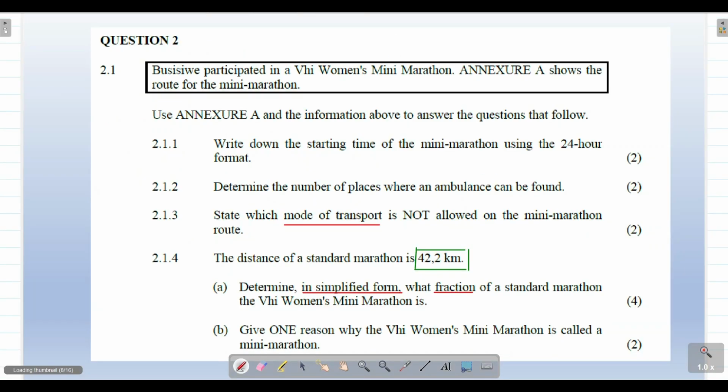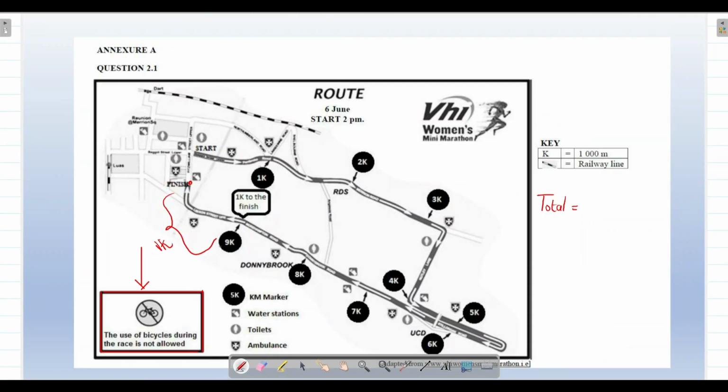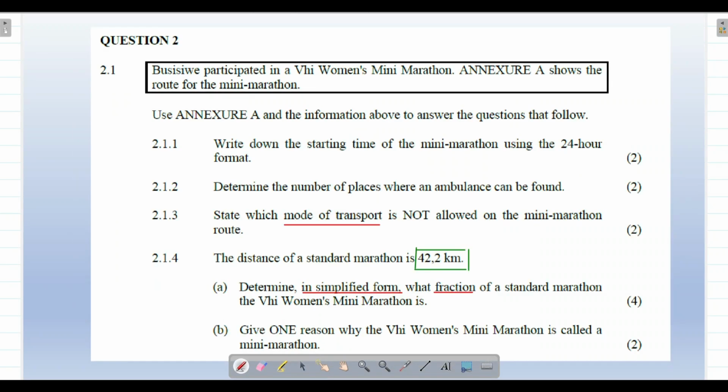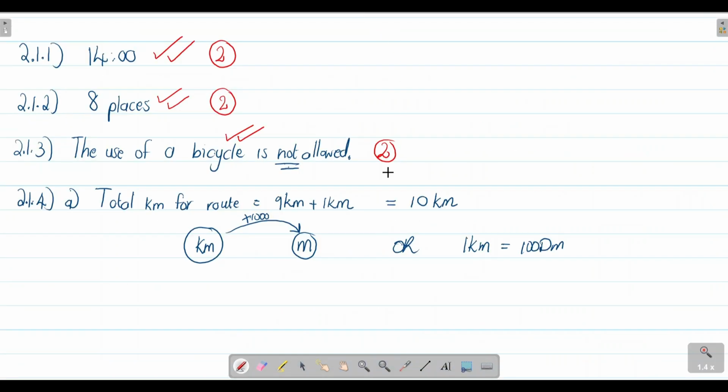This is also given to us here in our information that the K is equal to 1,000 meters. So I'm going to start off by converting these 10 kilometers into meters, and then it's just going to be 10,000.